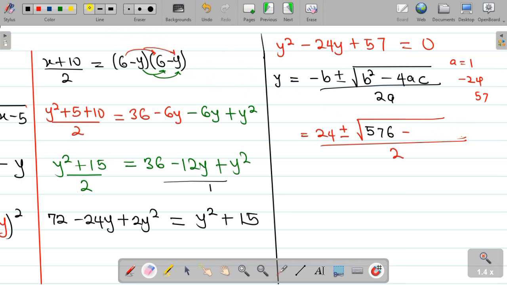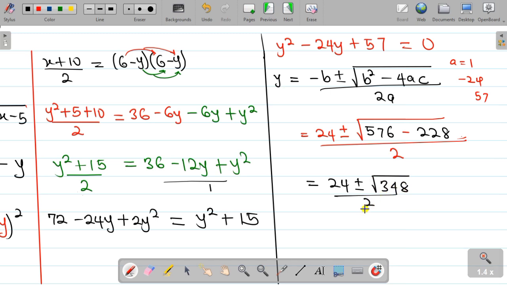So we replace it here. If you subtract that, you will get 24 plus or minus the square root of 348, all over 2.